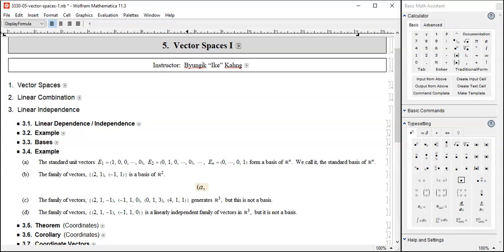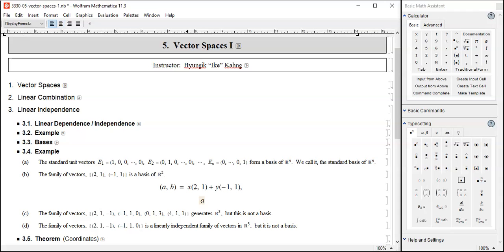Generating. An arbitrary vector (a, b) can be written as x times (2, 1) plus y times (-1, 1). And therefore a is equal to 2x minus y, b is equal to x plus y, and then can we solve for x and y here?